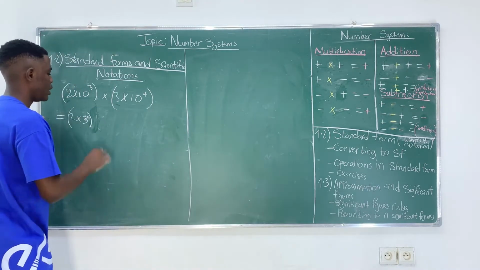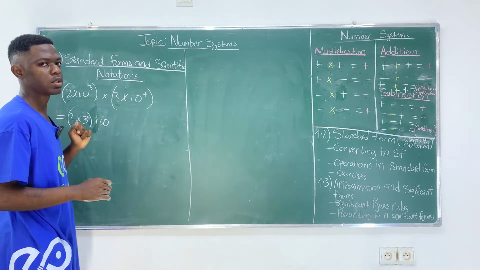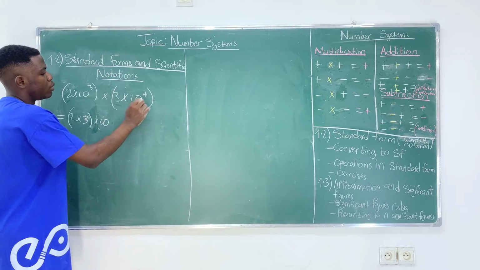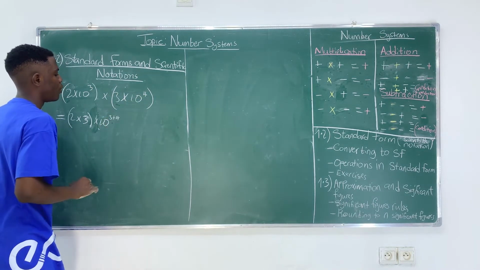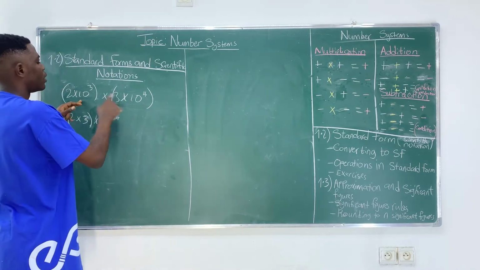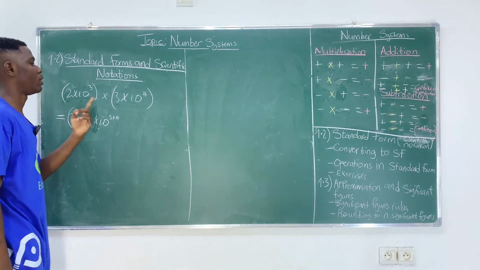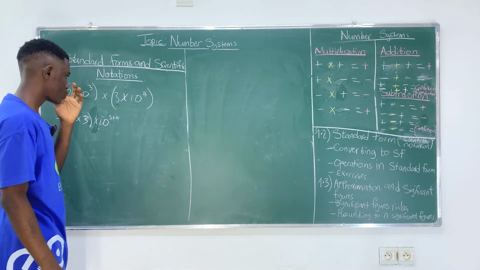Then you put your times 10 to the power what? How do I know the power? This will be 3 plus 4. Why 3 plus 4? Because when I multiply 10 to the power something and 10 to the power something again, I add the powers.